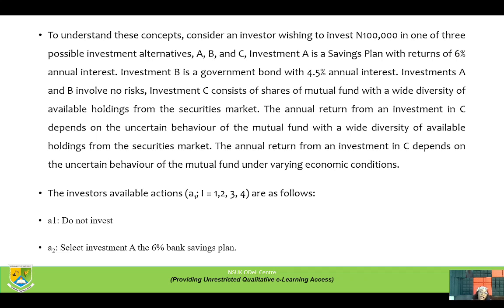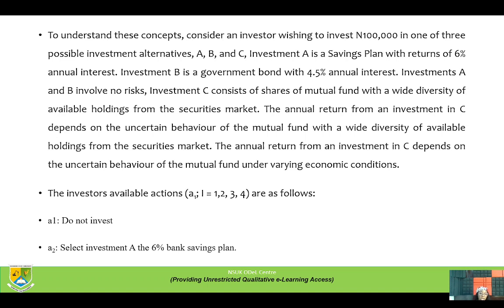The investor's available actions Ai, where i takes values from 1 to 4, are as follows. A1, do not invest.